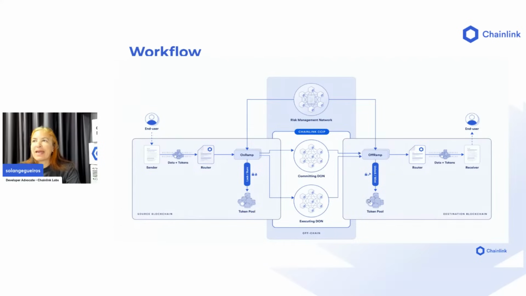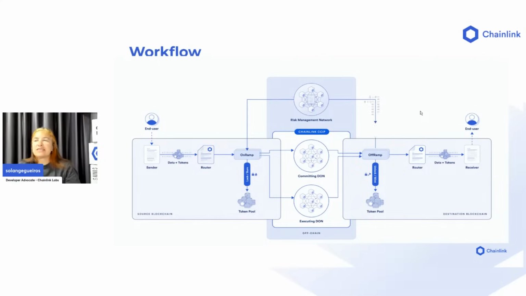All of this is backed by the risk management network. It means that we have a third network that is independent of these two networks, that is only checking the transaction, and we must have a consensus on this network as well. And only if this is approved, talking about the security and the risk of this, only when there is this consensus, the final transaction will be finished from the router to the receiver.